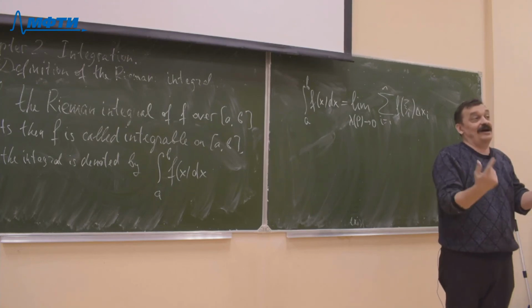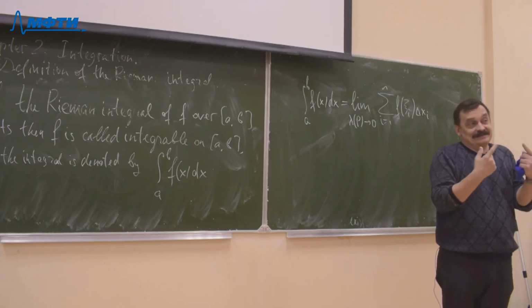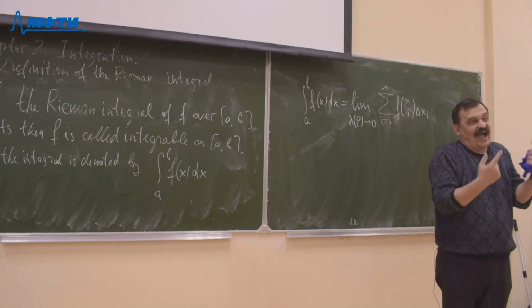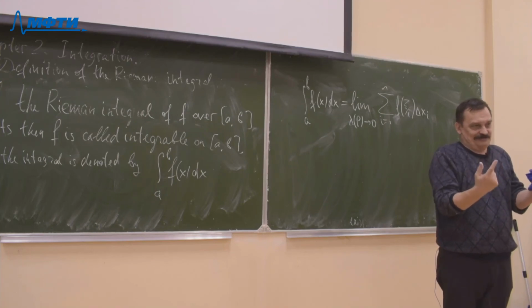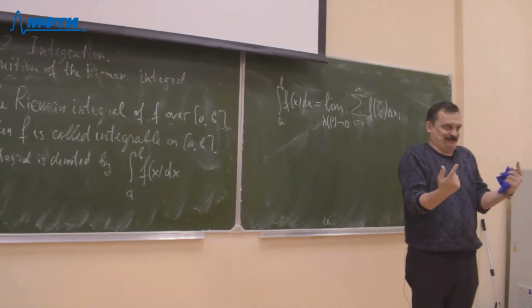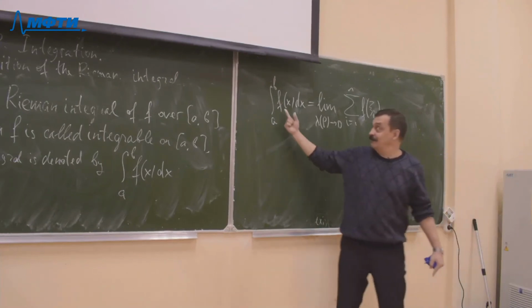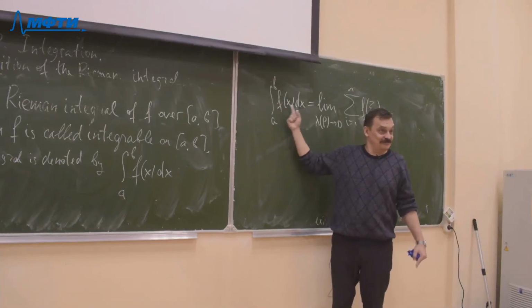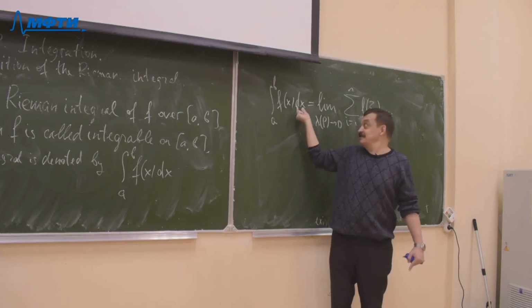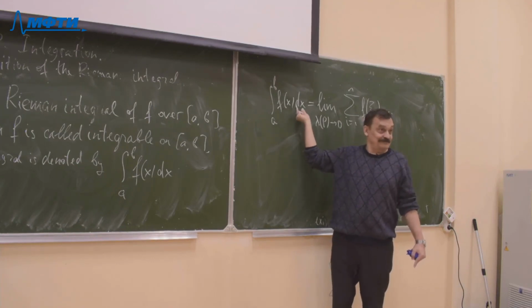So that is how we sum uncountably many terms. Definitely we are not able to do it directly, right? How can you sum uncountably many terms of this form? That is infinitely small, by the way, right? And we sum all of them.